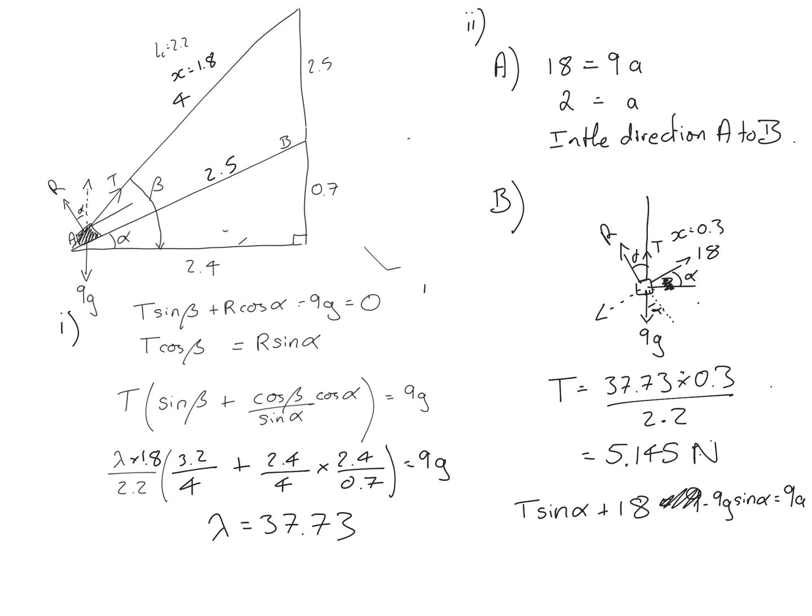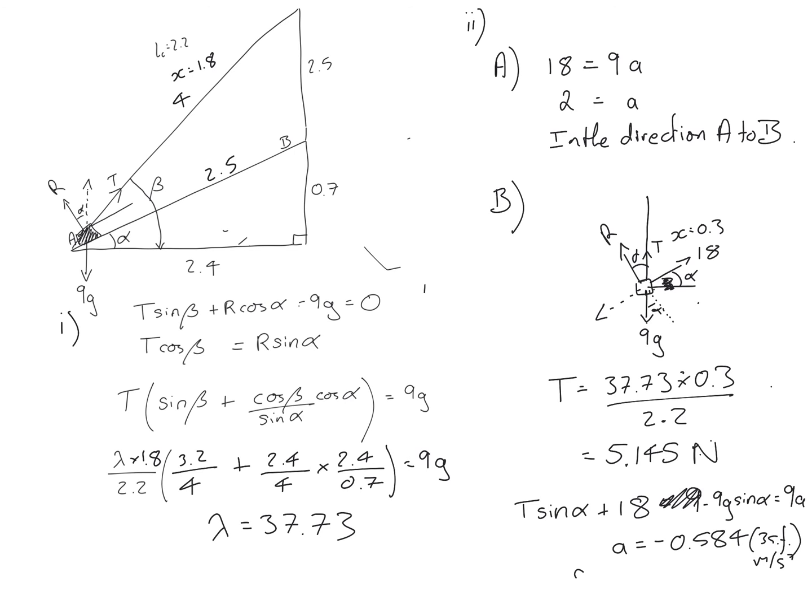So T times sine alpha, and sine alpha is opposite 0.7 divided by 2.5, plus 18, minus 9 times 9.8 times sine alpha again, 0.7 divided by 2.5, divided by 9 is minus 0.584 to 3 significant figures, meters per second squared.